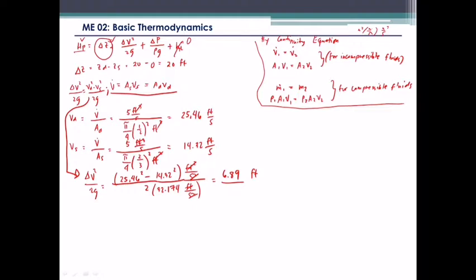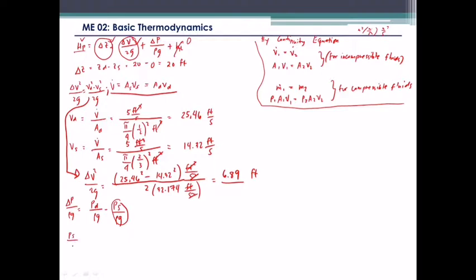Next, we also solve delta P over rho g. Delta P over rho g is just equal to pressure at discharge over rho g minus pressure at suction over rho g. Pressure at suction over rho g, we can solve this one.